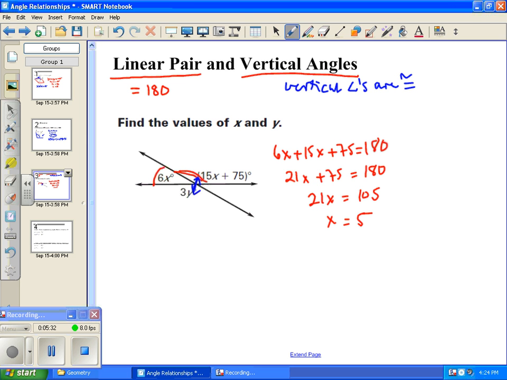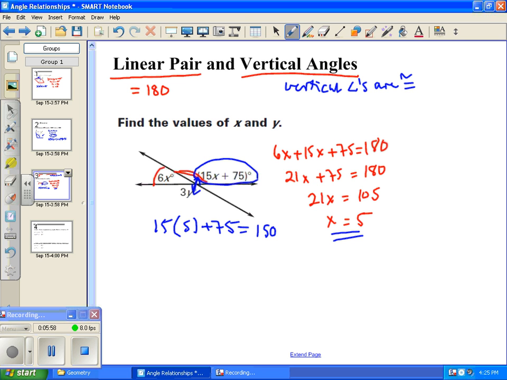So they're congruent, so we can set those two equal to each other. Now, in order to do that, we do need to know what this angle is right there. So we're going to take what we found for x and plug it in. So 15 times 5 plus 75. Plug that in your calculator. That gives you 150.